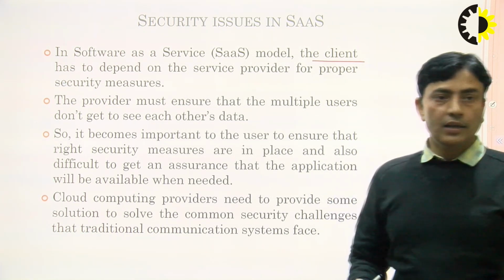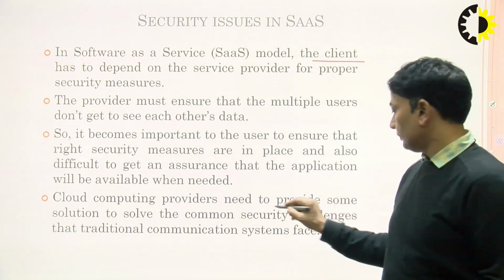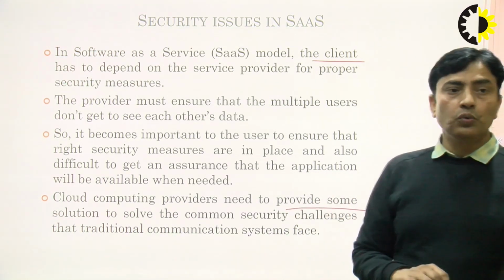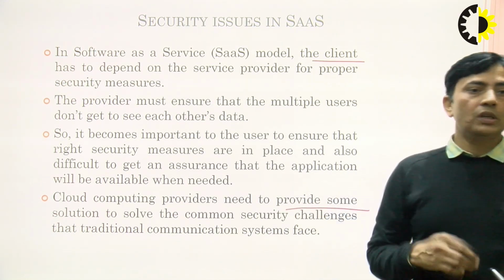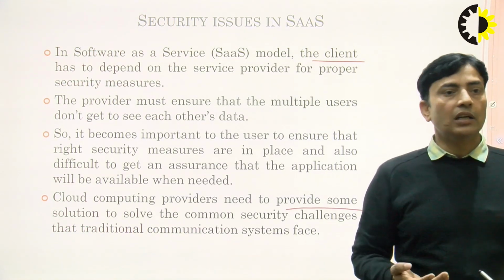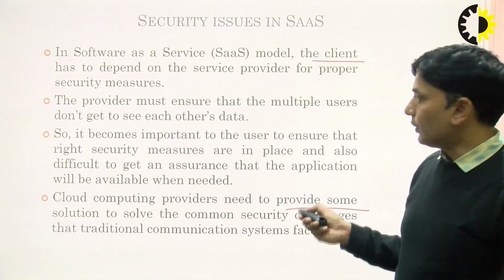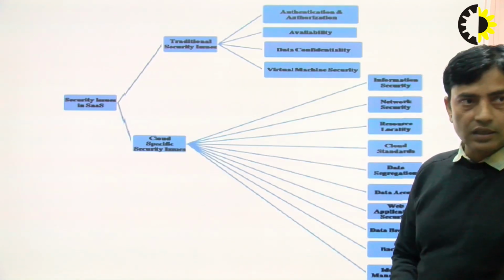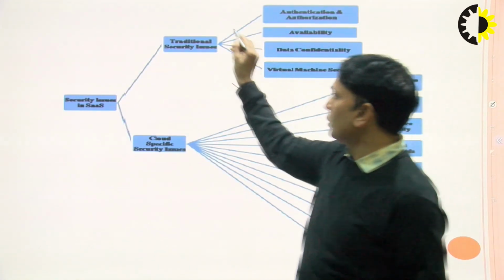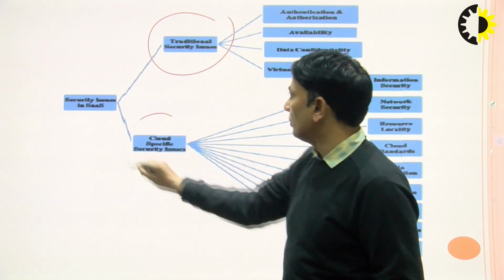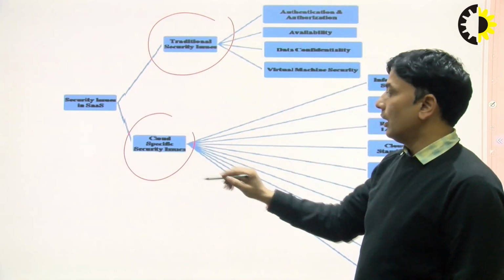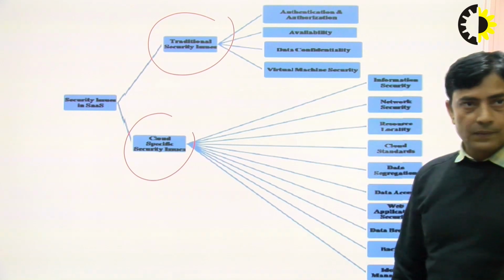Cloud computing providers need to provide solutions to the common security challenges where traditional communication systems fail. Let us see the different challenges that should be addressed in SaaS security. These challenges can be categorized broadly into traditional security concerns and specific cloud security concerns.